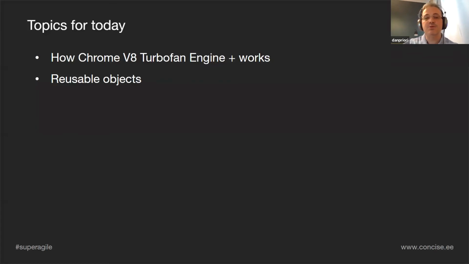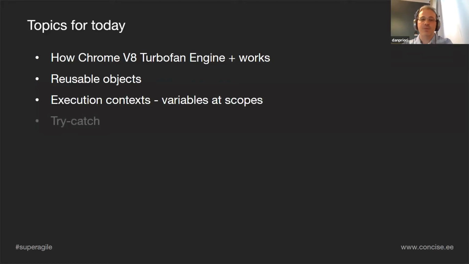The first tip is reusable objects. Later, I will talk about execution context, which is variables and scopes. We'll describe a little what this is and how to use it in a wise way. Later, I will talk about try-catch. Most of you know about it, but somebody may not.